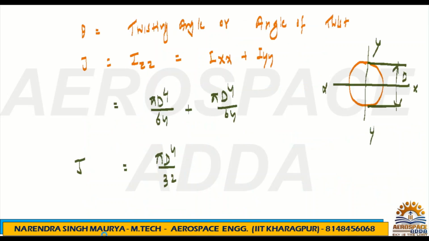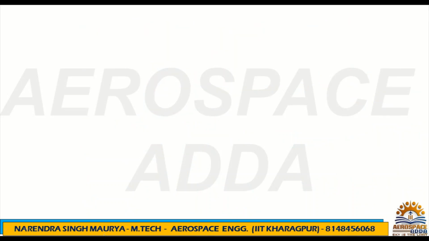I'll show you this formula. Any formula you can take. Like I'm taking the first combination, T by J is equal to tau by r. So tau is nothing but T by J into r. The torque applied is constant.